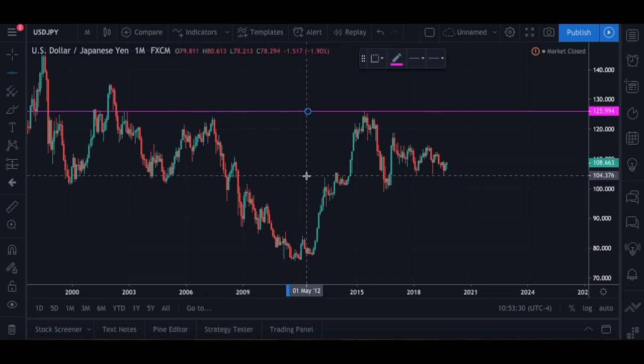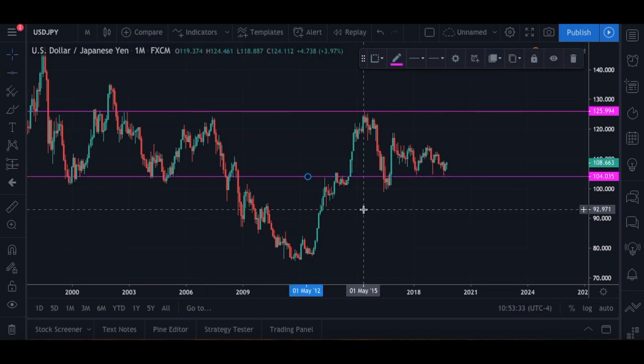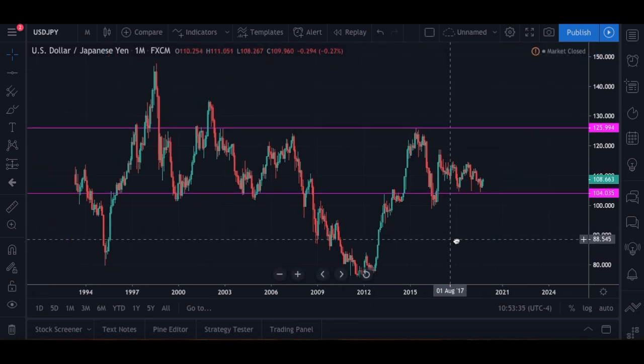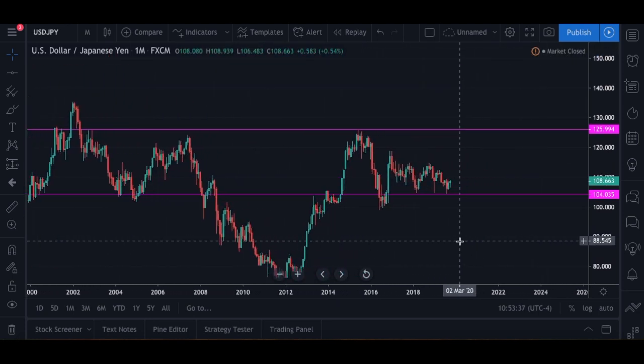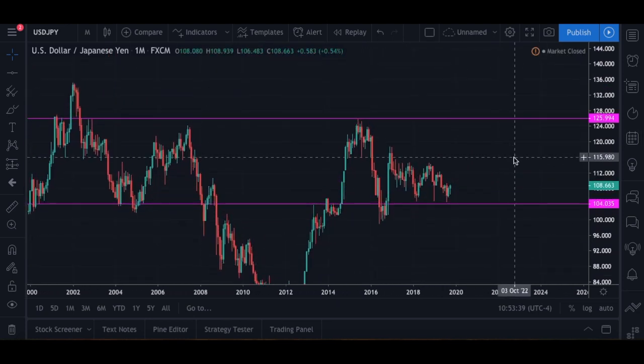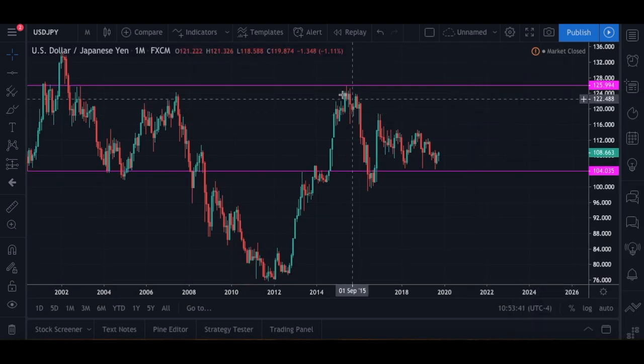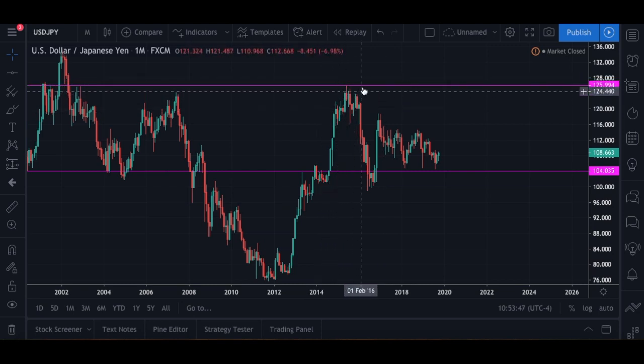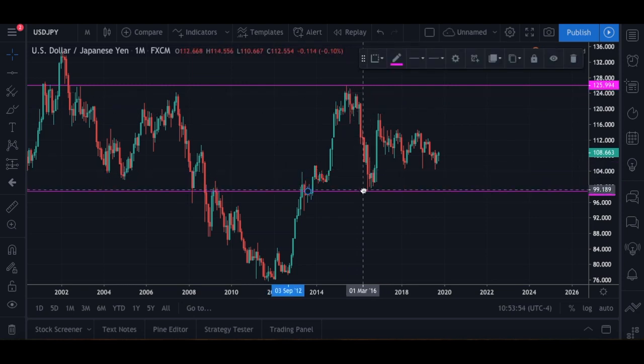I don't personally trade support and resistance. I know that might sound weird to people who know what it is, but I like to use channels instead. I like to trade channels, but of course I like to know where zones are. So with me, I will mark out that monthly zone to see where the support or the resistance is, and then go from there.